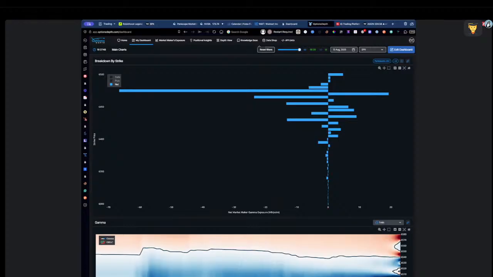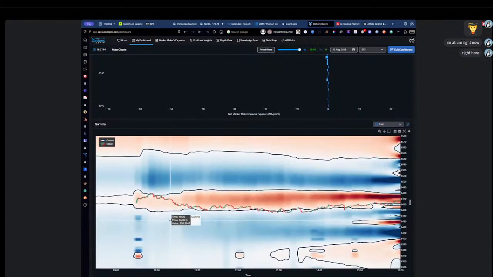What happens in those mixing zones? The neutral zones. So do you mean like here where there's basically just no values, or there's no gamma, where the values are so low? Yeah.